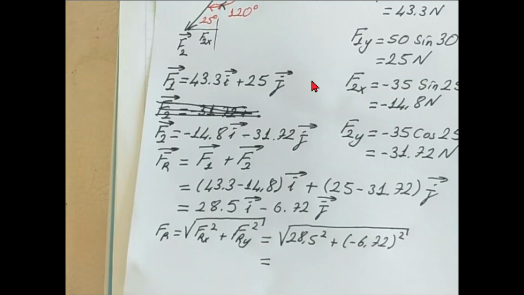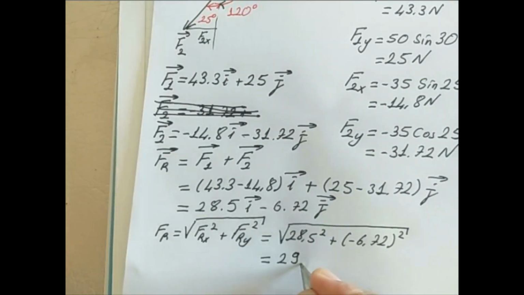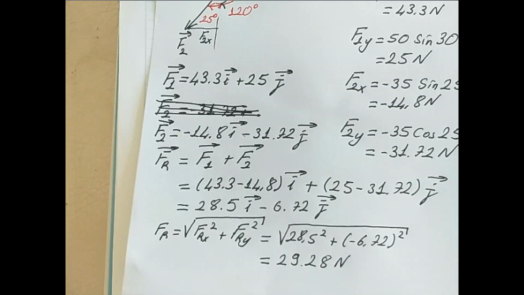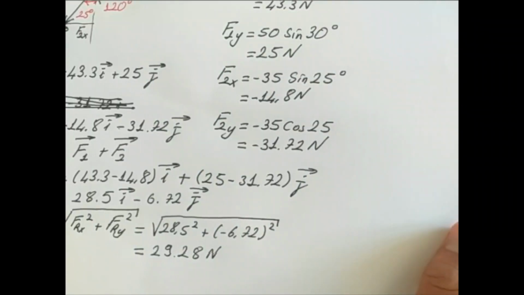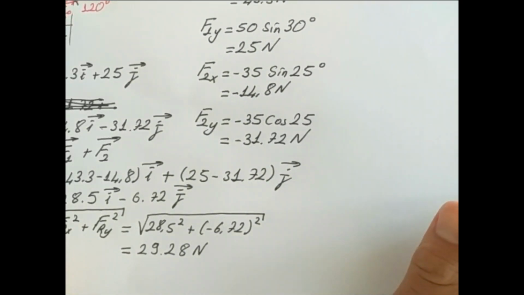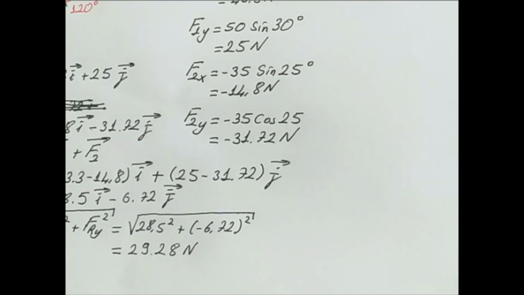newtons. Now I have to find the angle. So tangent theta is equal to FRy divided by FRx. Theta is the angle with respect to the x-axis.